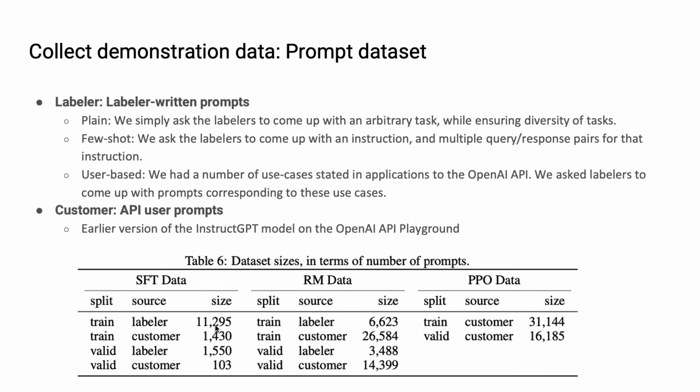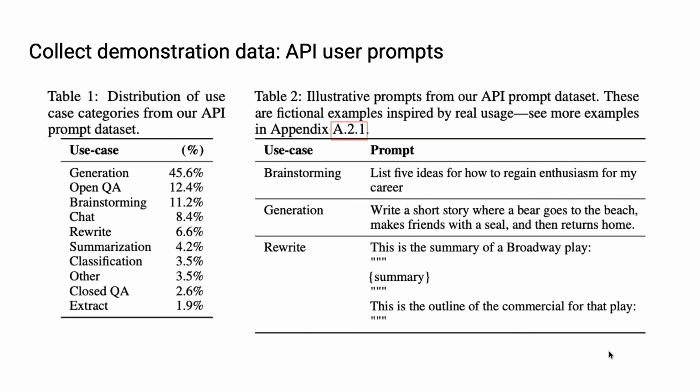For the supervised one, the majority are from their labelers. For the reward modeling, you can see the majority comes from the Playground API. And for PPO, nearly all of them are from their API user prompts. Okay, so that's the prompt datasets.